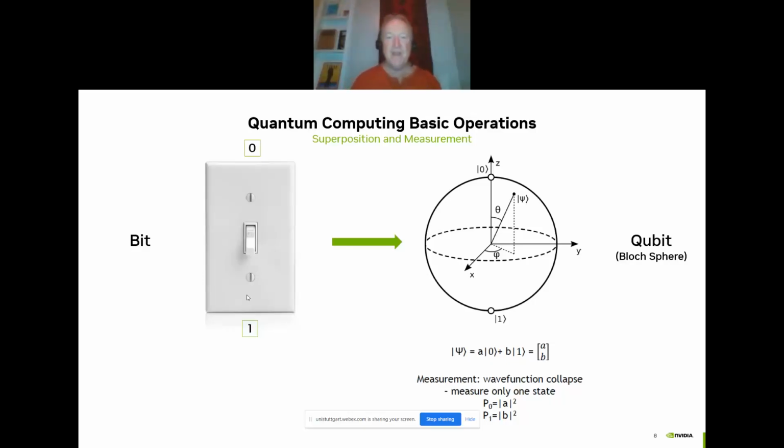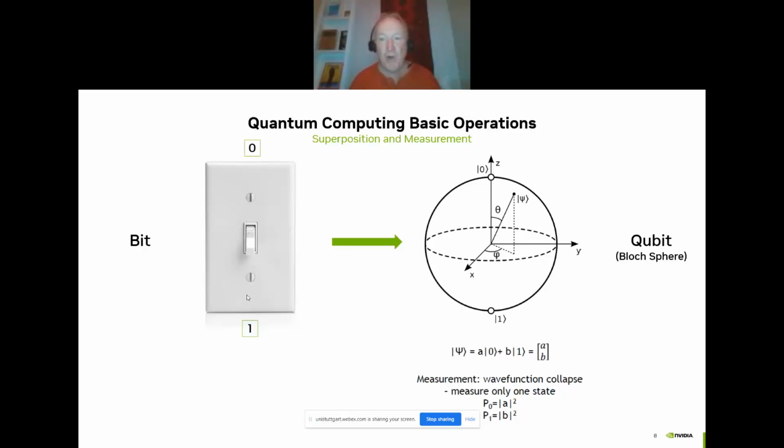And then the principles of superposition. A good way to think of it is take a coin and spin it on the edge of a table. Is it a heads or a tails, right? Until you slap it and stop the spin, you measure it, you're going to get a heads or a tails. But while the coin is spinning on its side, it's a good way to visualize this idea of superposition.